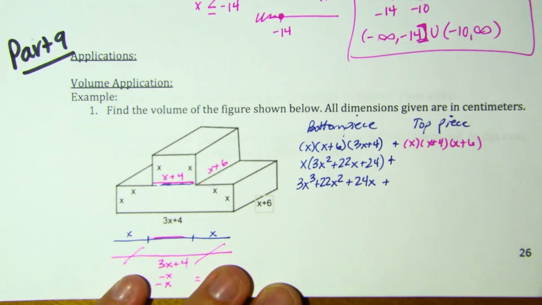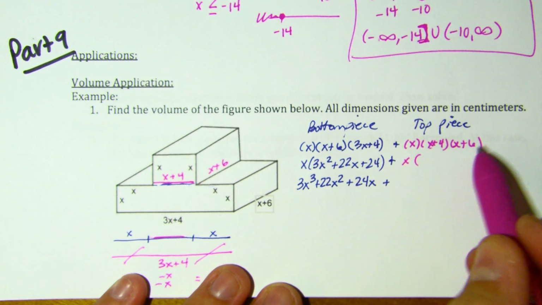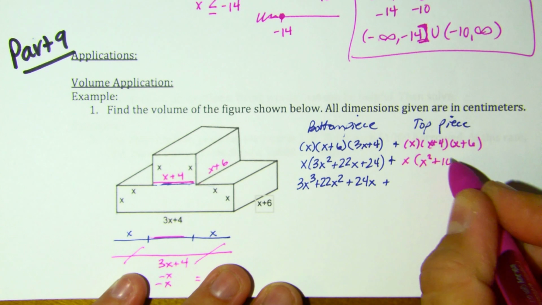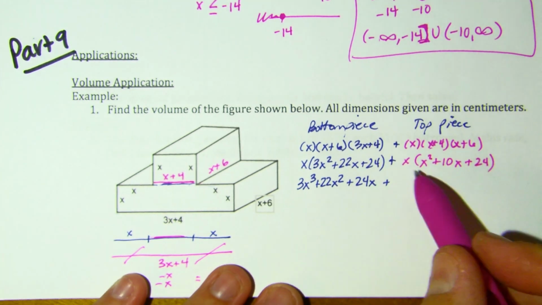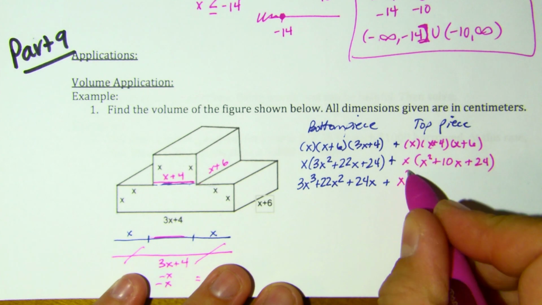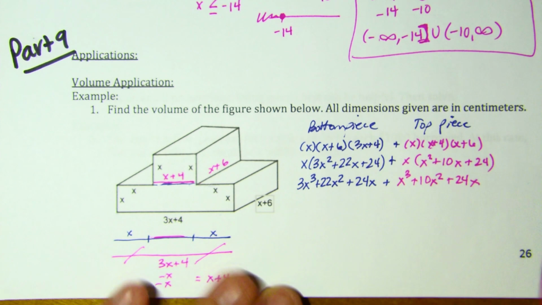And then the top piece, x, and then x plus 4 times x plus 6 is x squared plus 10x plus 24. Distributing the x, that gives me x cubed plus 10x squared plus 24x.